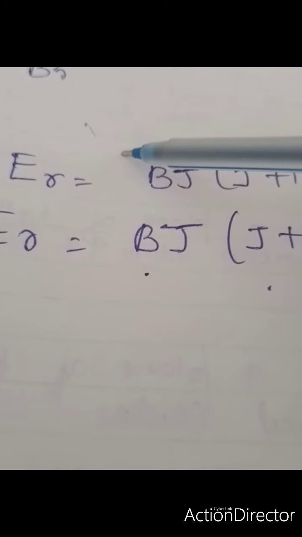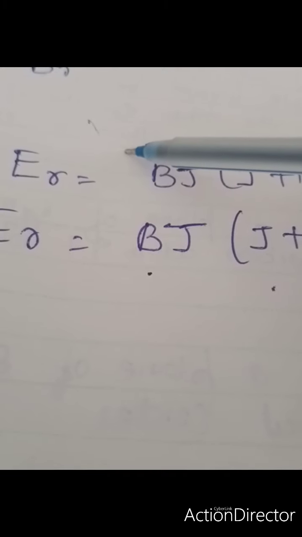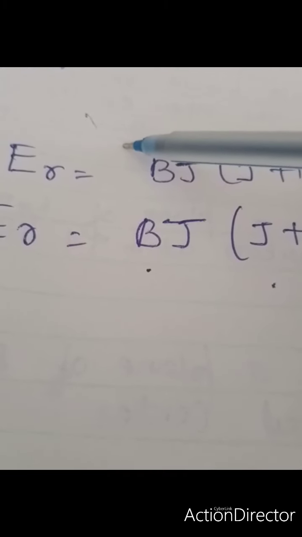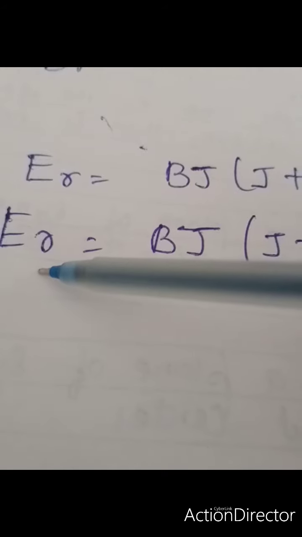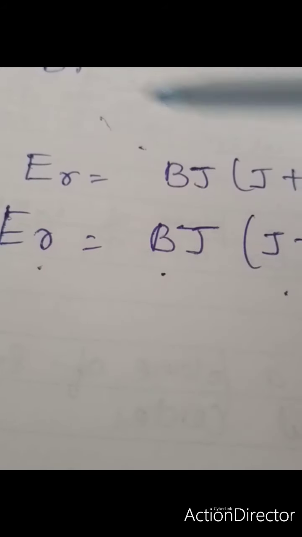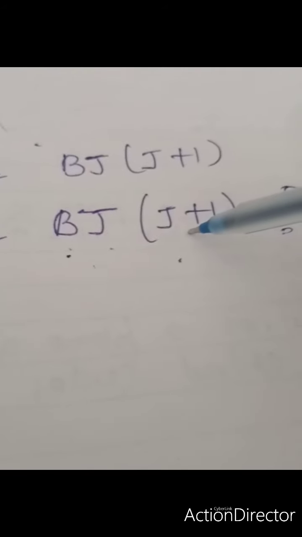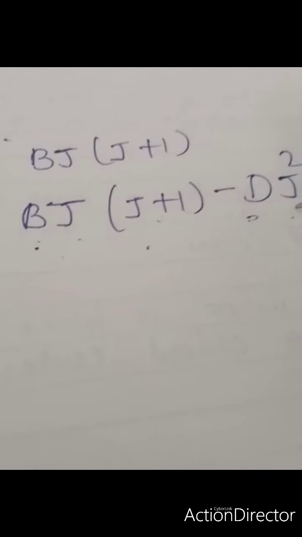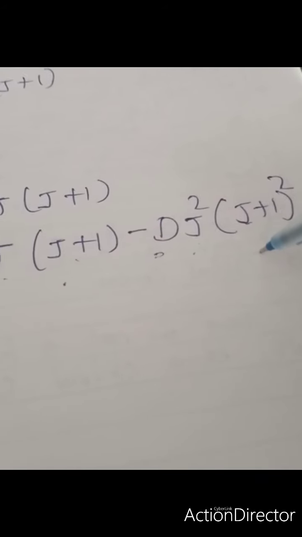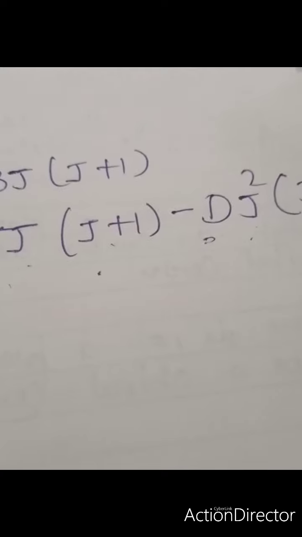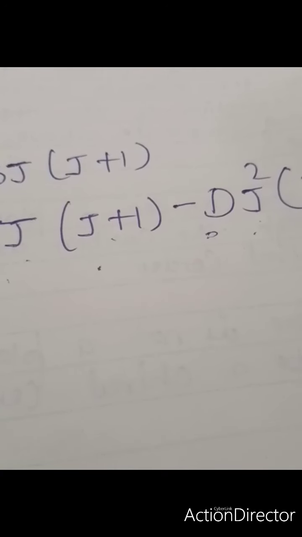Now, the weaker the bond, the more rapidly it is distorted under the centrifugal force. The energy is given by E_R equal to BJ(J plus 1) minus DJ square (J plus 1) whole square, where D is the centrifugal distortion constant.